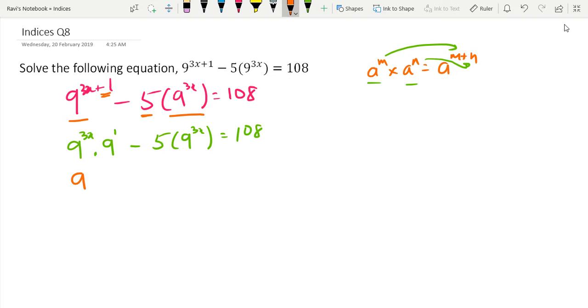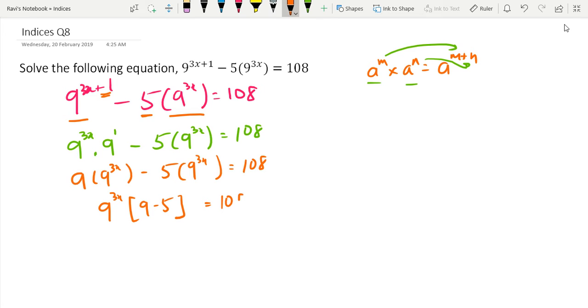So I have 9 times 9^(3x) minus 5 times 9^(3x) equals 108. Okay, so 9^(3x) is just a common term. So if I bring it out here, what I have is 9 minus 5, correct?